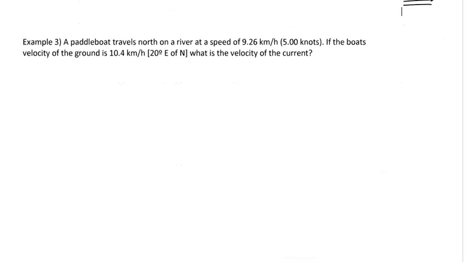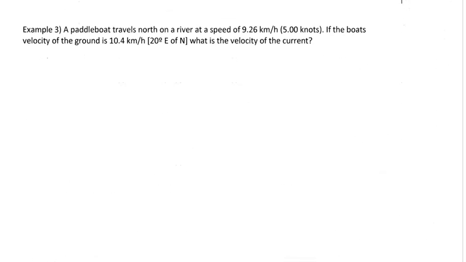Okay, moving on to example number 3. We've got a paddle boat. Little error there. A paddle boat traveling north on a river with the speed of 9.26 kilometers per hour, which is also 5 knots, by the way. If the boat's velocity to the ground is 10.4 kilometers per hour, 20 degrees east of north, what is the velocity of the current?